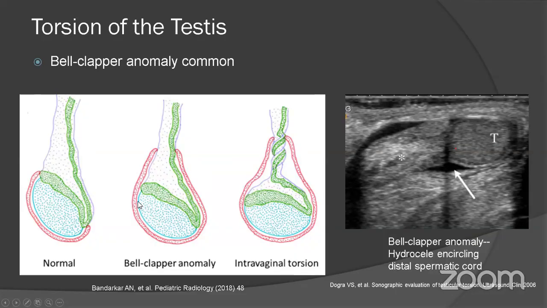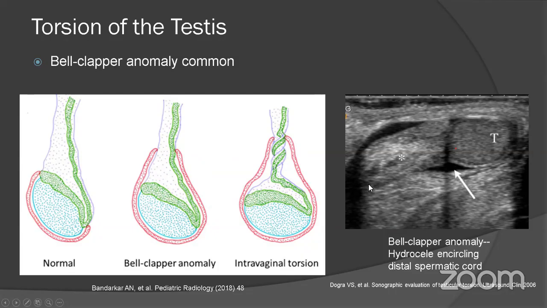But in a bell clapper anomaly, it forms a sac around the distal portion of the spermatic cord and engulfs the entire epididymis and the testicle, such that the testicle, the epididymis, and a part of the spermatic cord are lying free within this sac formed by the tunica vaginalis, predisposing this testicle to undergo torsion in case of any acute insult.